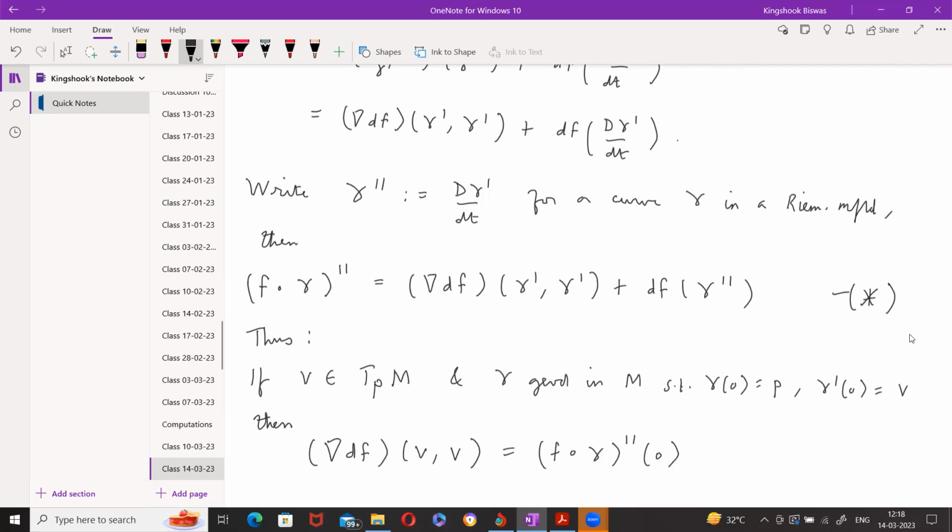And here you have the same analog of that formula: if you take a geodesic in the manifold M, and look at the composition of f with that geodesic, its second covariant derivative gives you the second fundamental form applied to v comma v. All right, let me stop this and start a new session. I'll be back in 2 minutes.